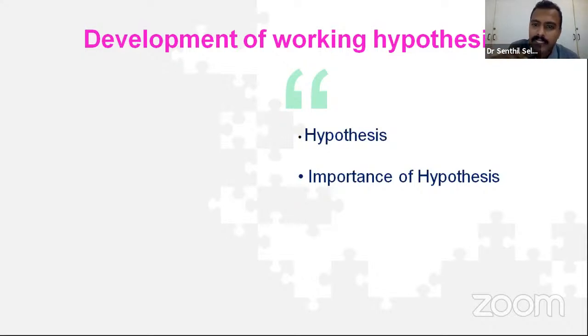Okay, so at this point, you have to frame two types of hypothesis: the alternate hypothesis and the null hypothesis. Okay, so the hypothesis will make you travel in an unbiased way. You should not give more attention to one sort of treatment and forget about another form of treatment.